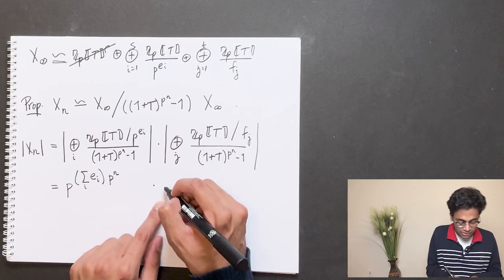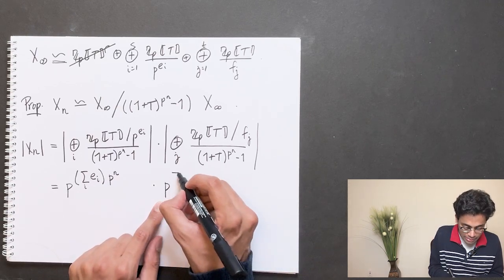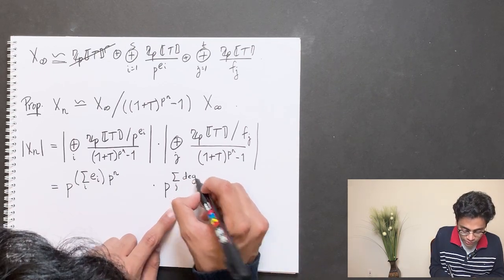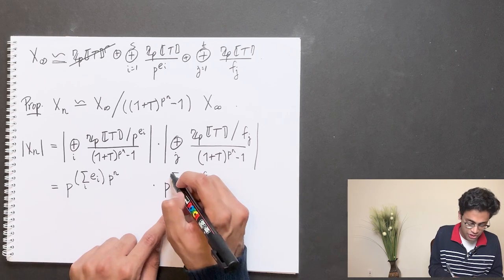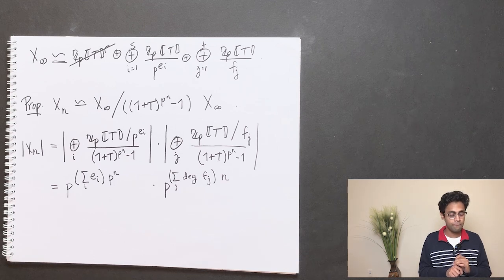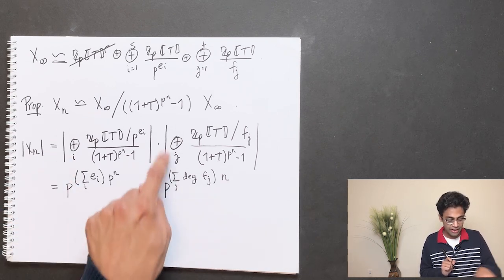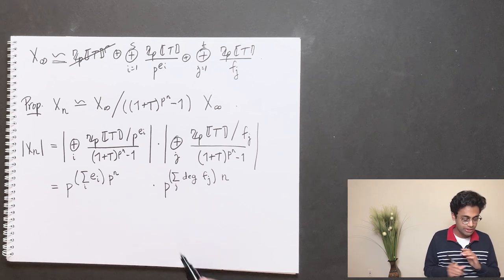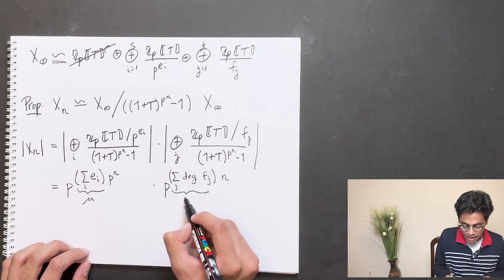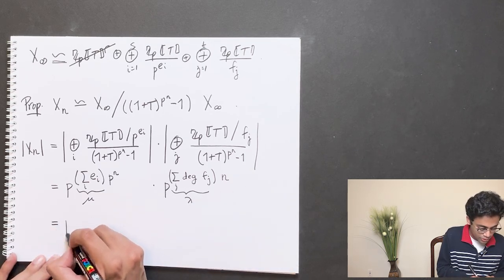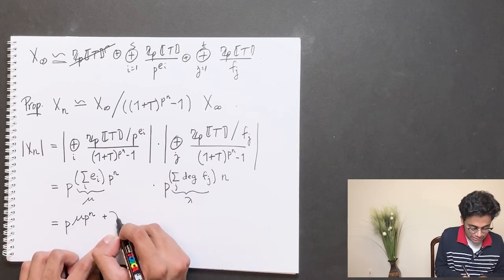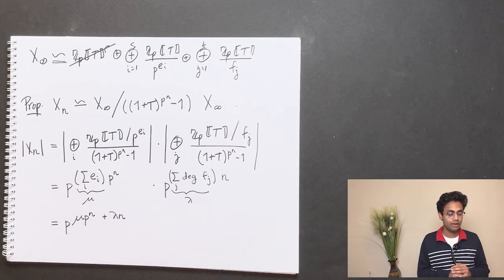And the size of this is p times the sum over all the j's of the degrees of the polynomials f_j times n. Okay, and this is a finite sum, right? This is a finite direct sum, so these are finite sums. Great. So we're going to call this quantity mu, and we're going to call this quantity lambda. So this equals p to the mu p to the n plus lambda n.